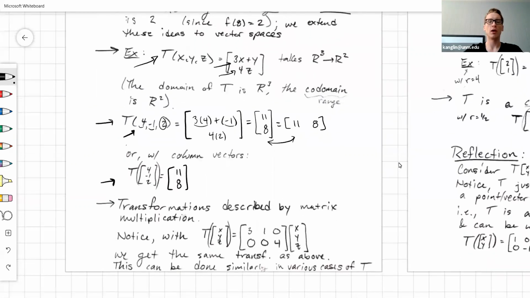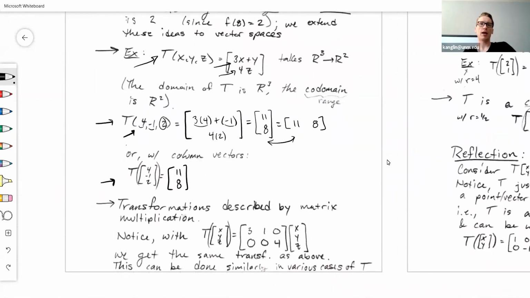Okay. What we really want to talk about, in this course especially, is transformations that can be described by matrix multiplication. And that's really going to get us to this bridge from transformations to matrices. So notice here, if I define T of this column x, y, z input to equal the matrix [3 1 0; 0 0 4] times that input, right?